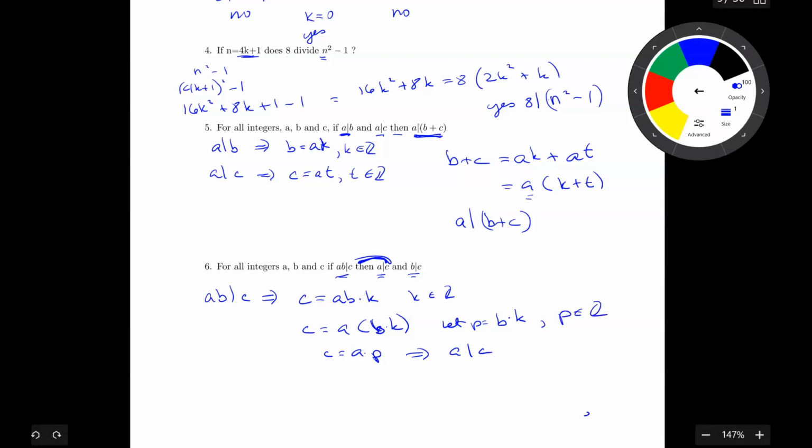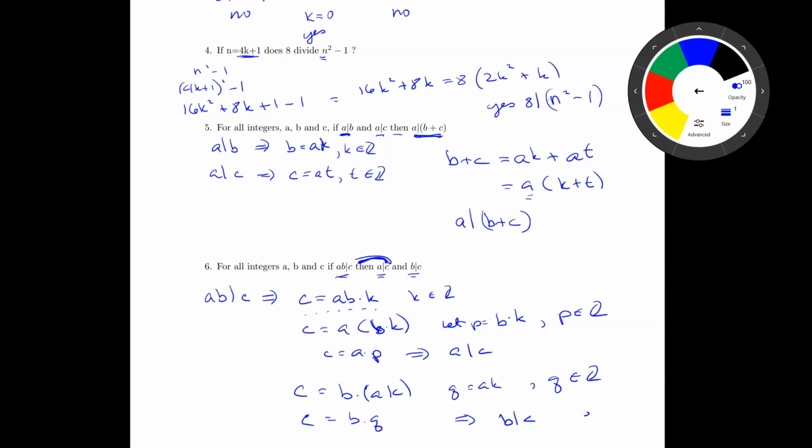Then I can take this same statement and rewrite it as b times ak, and then let q equal ak. And so I can write c is equal to bq, and that means that b divides c, where q is an element of the integers. So just kind of playing with the definitions.